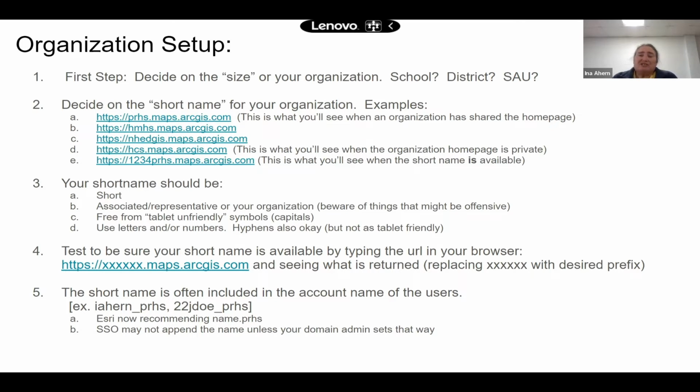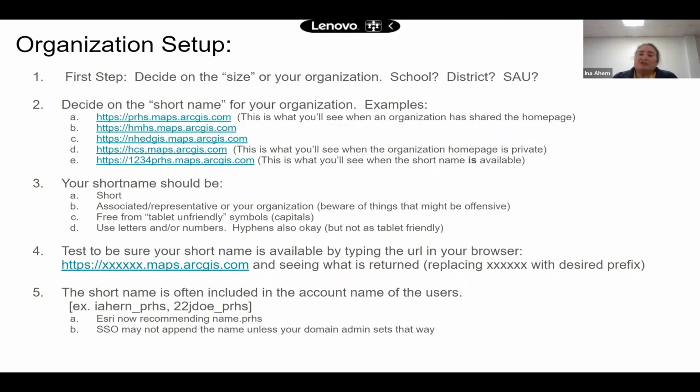There are advantages and disadvantages of each choice. Obviously, a school tends to be smaller. You're going to have fewer members in your organization. If you're the one administering it, it's a lot easier to just administer it for your school as opposed to doing it for your SAU.